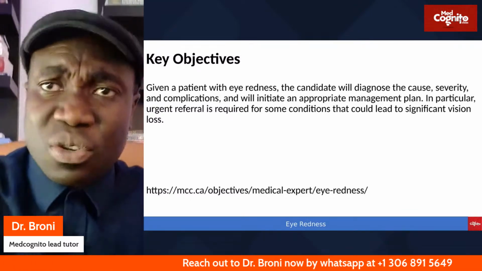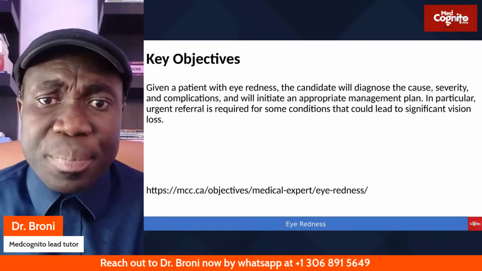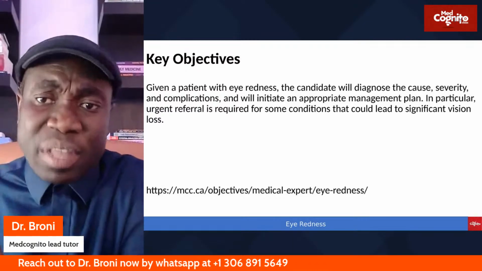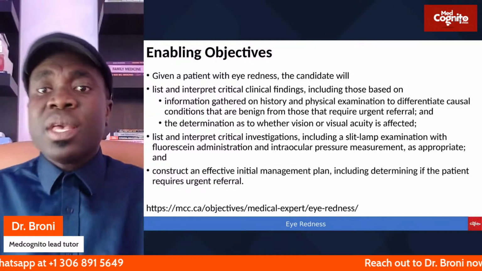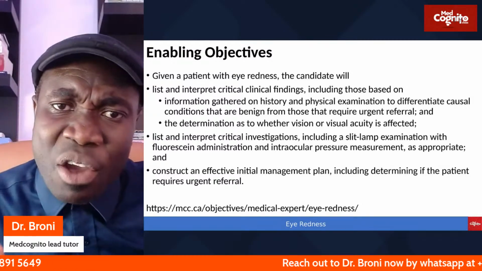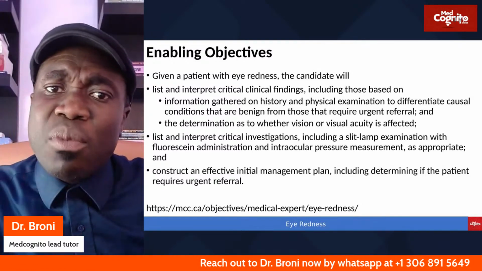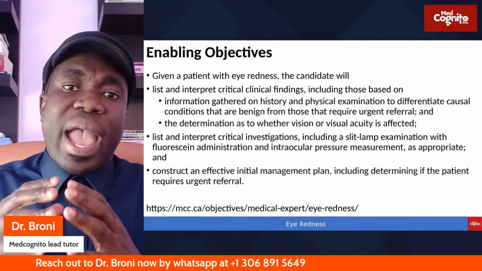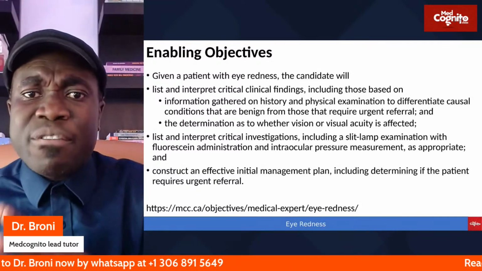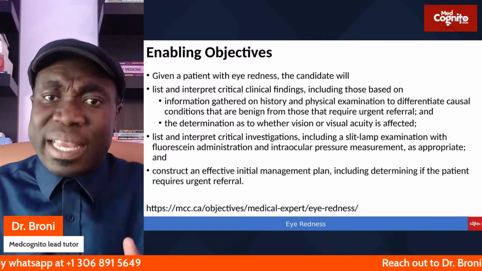I'm just continuing the presentation. You must know when you are going to get an ophthalmologist involved and when you are not. If you have a patient with red eye or eye redness, you must be able to list the critical clinical findings based on information gathered on history and physical exam.